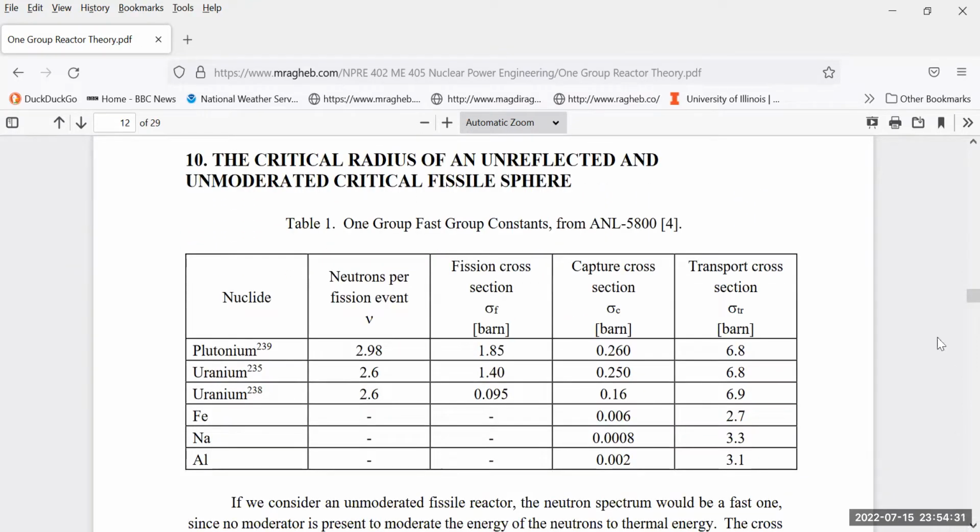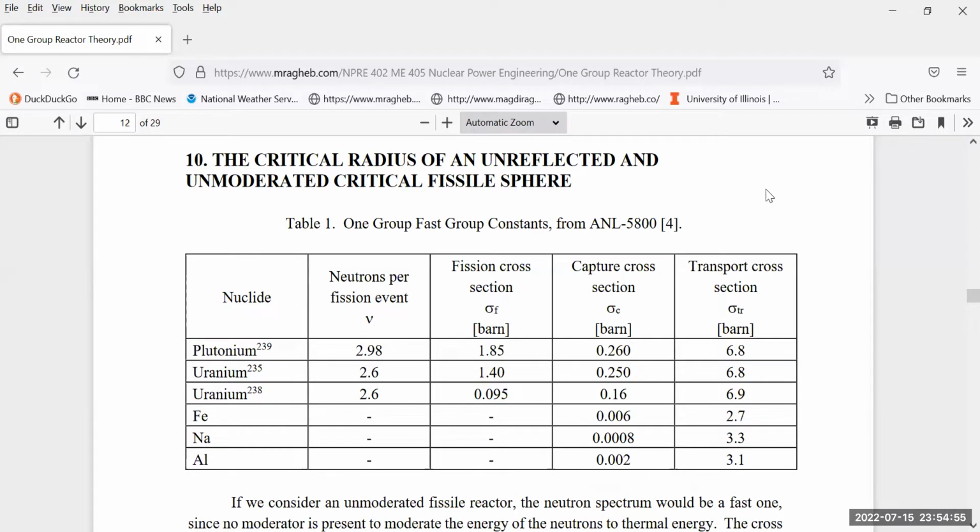All right, so let us simply look at some data and try to plug them into the equations that we derived, and act like engineers now in designing an actual reactor, determining its critical radius, then its critical volume, then its critical mass.